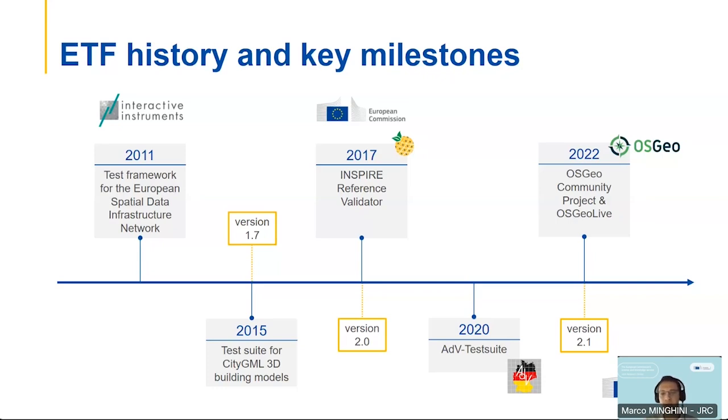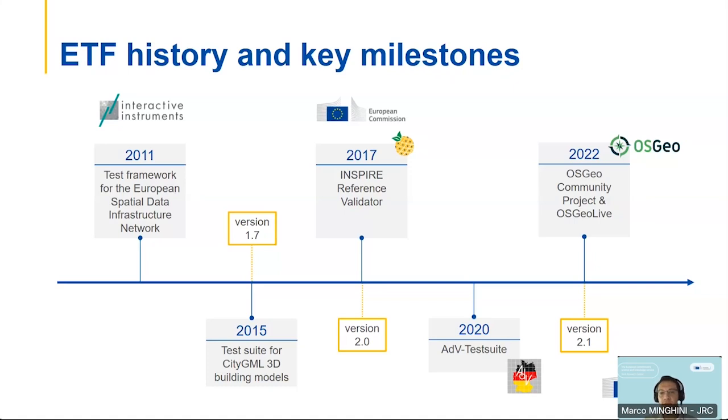Then in 2017, the JRC, so the European Commission, also came and started to use and to further fund the ETF and reuse it for the INSPIRE Reference Validator, which is clearly the topic of today's training.